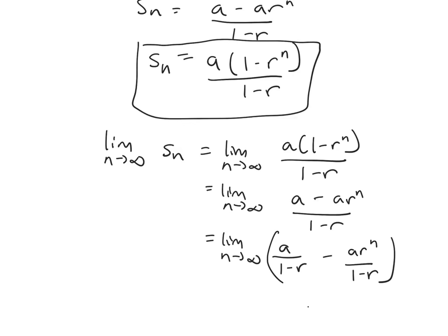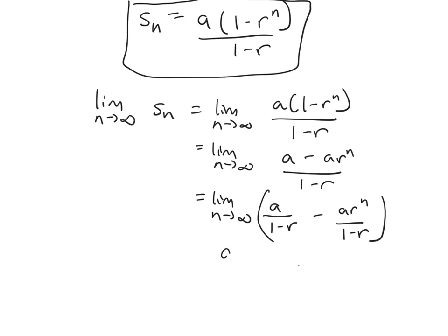So the limit of a constant, what's the limit of 1? 1. So the limit of a over 1 minus r is a over 1 minus r.